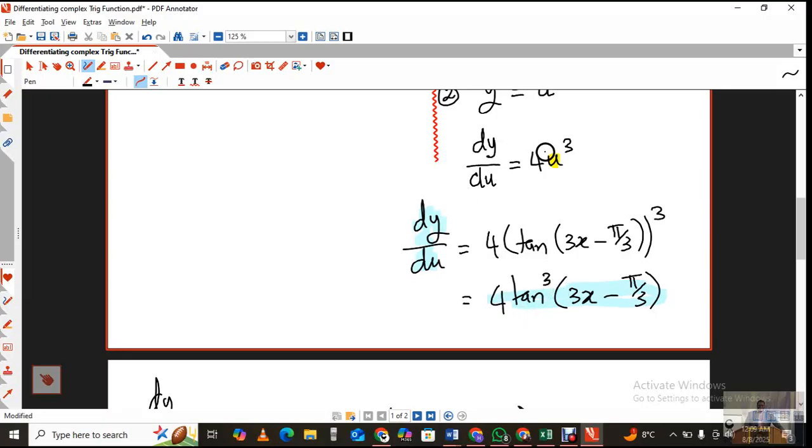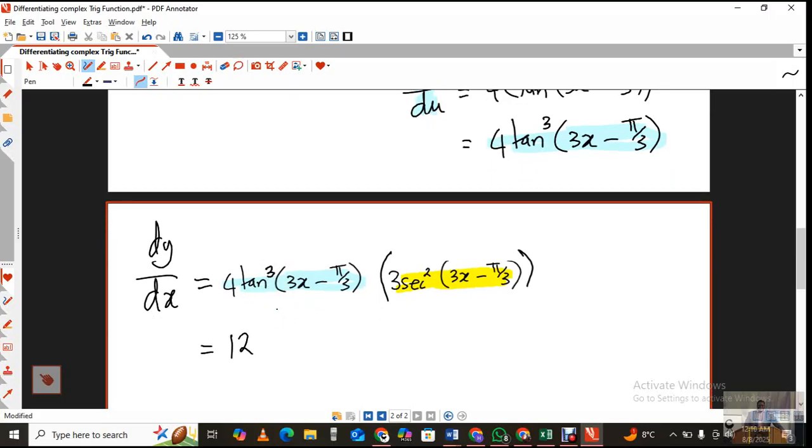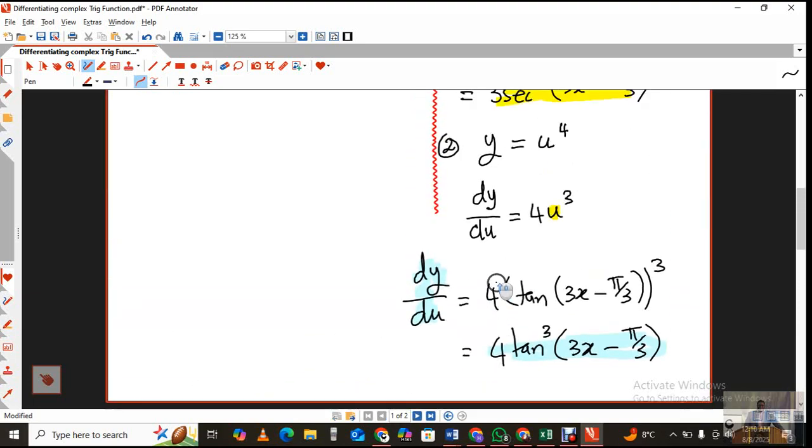Always refer back to your work so you can see if there are no errors. So 4 times 3 is 12 tan cubed of 3x minus pi over 3, sec squared of 3x minus pi over 3. So I'm done with the trig function as it is.